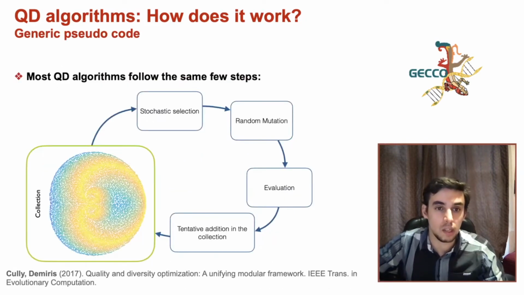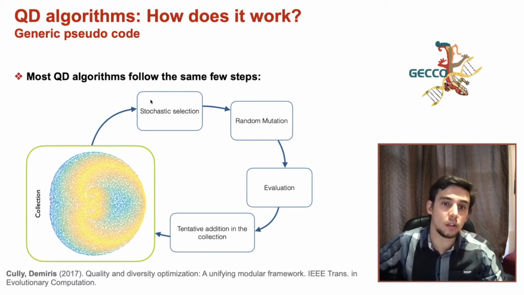If we had to define a generic pseudocode for most quality diversity algorithms in the literature, this one might be a potential candidate. As I said, the goal of quality diversity is to generate a collection, so here we start from this collection. Then a typical loop takes place, composed of four steps. The first one is stochastic selection.